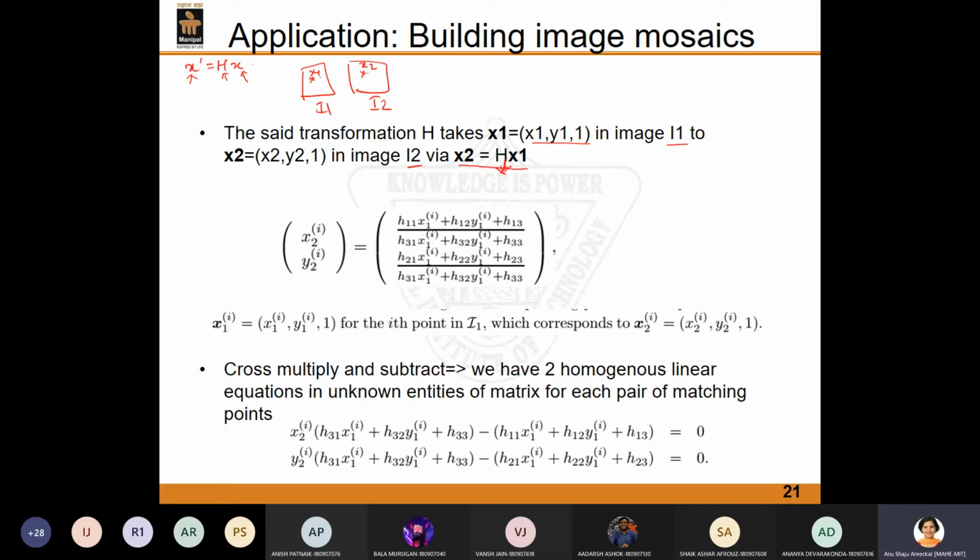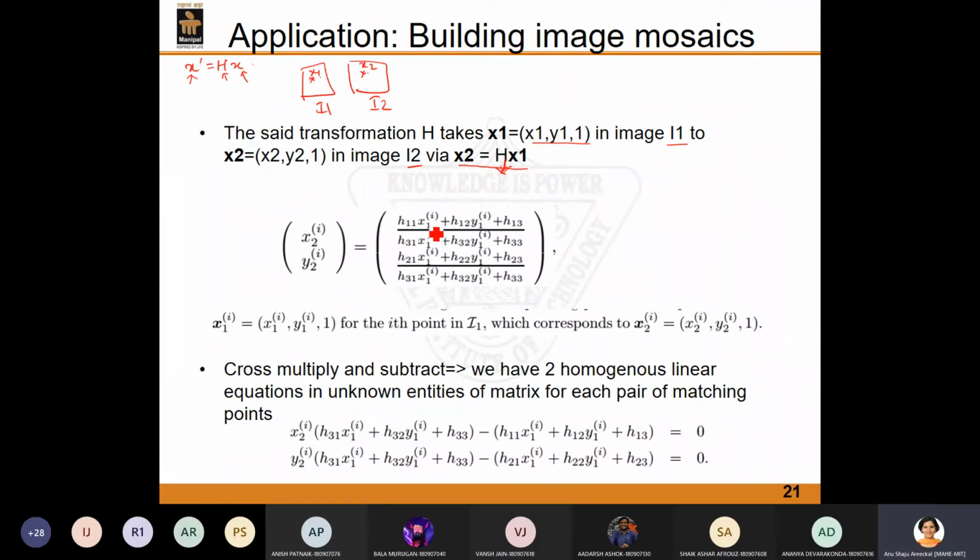Now if I write the equation in matrix form, I can write it this way. So here what you see is x2 and y2, right? These are the coordinates of the point which is present in image I2. And here we have this Hx1, which has been expanded.